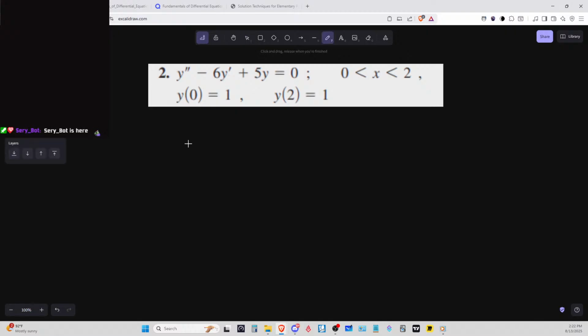Here we go. So we have y prime, 6 prime, y, and then I think we know where this is going.